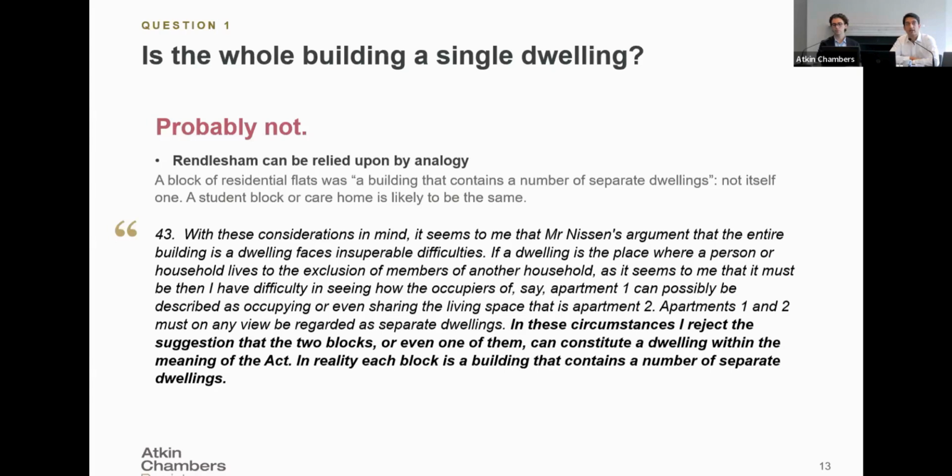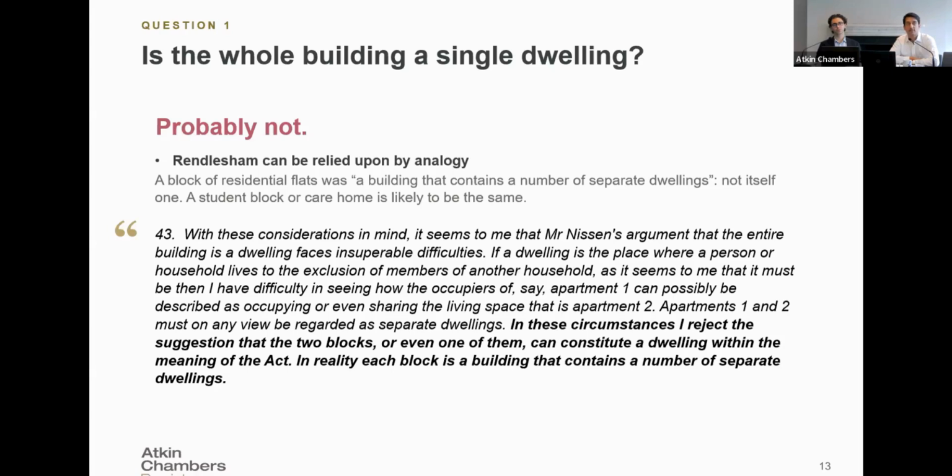not a single dwelling. And you can see from the bottom of the slide in bold there that he rejected the suggestion that the two tower blocks, which were the subject of the claim in Rendlesham, could constitute a dwelling. And his reasoning appears there in the last sentence, which is that each block was a building that contained a number of separate dwellings.